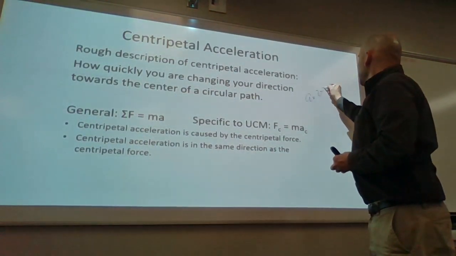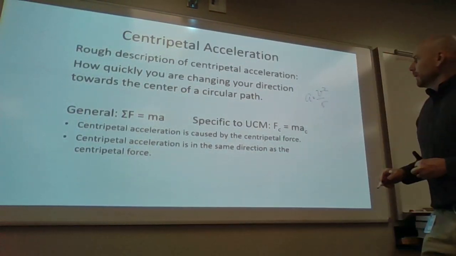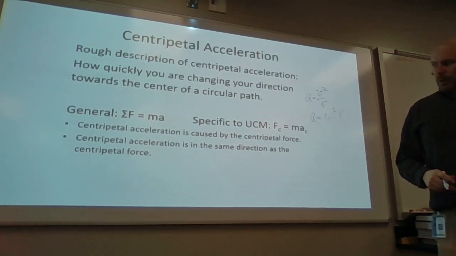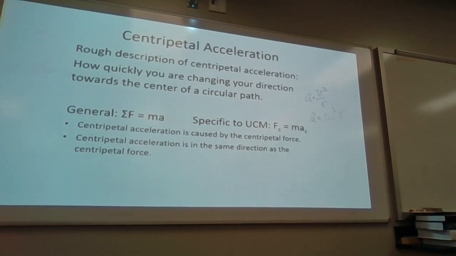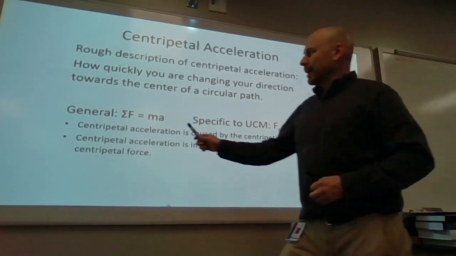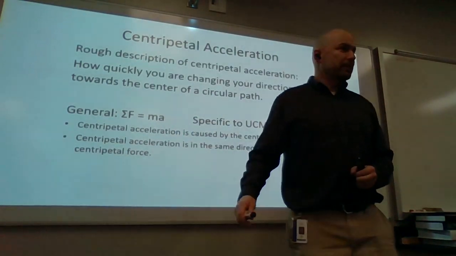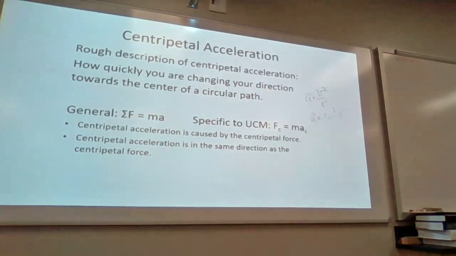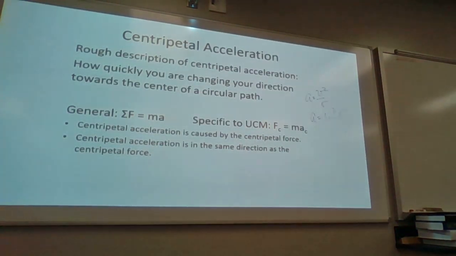The equation for centripetal acceleration is going to be those two. Now, last semester we talked about Newton's second law, the total force is equal to mass times acceleration. If we're moving at a constant speed, but moving in a circular path, it's a special case, but in this class, anytime you're moving in a circular path, you're going to be moving at a constant speed, just to keep things simple.